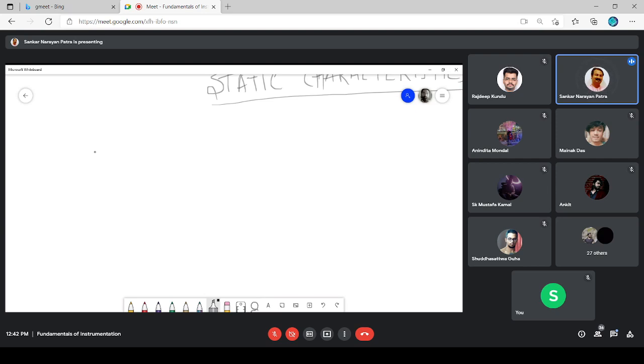So this is an accuracy related term. The accuracy of the instrument is not good. I'll come to that point. But what I mean is that these kinds of properties are not time varying. So these are called static properties.